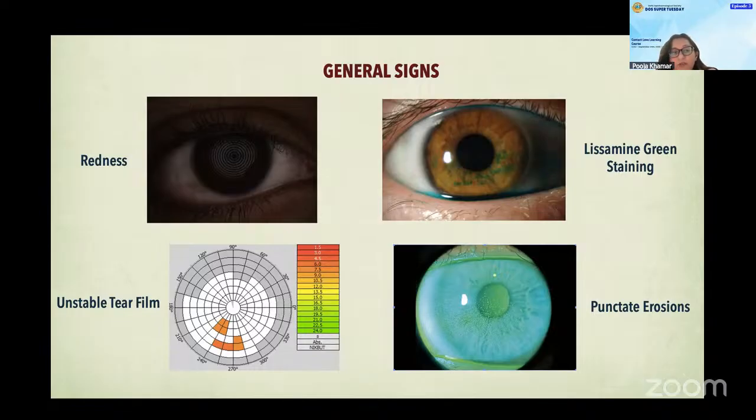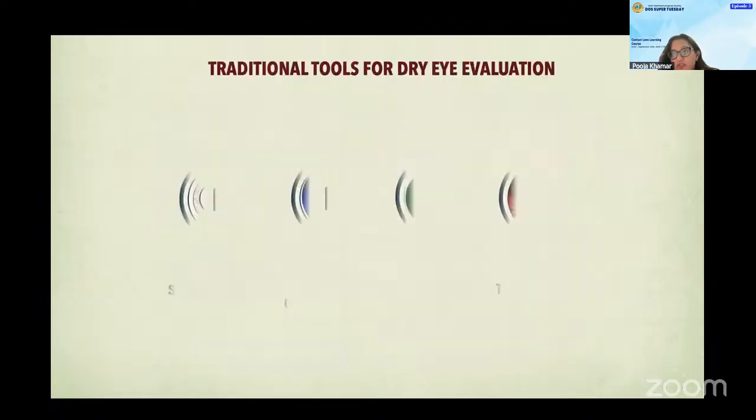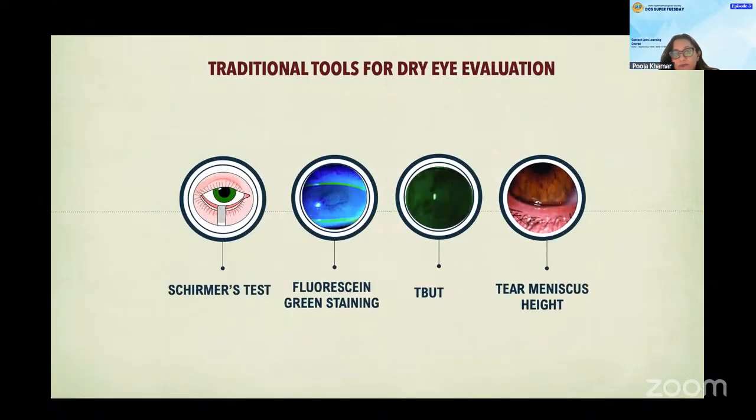Then the tear film breakup time, whether it's a stable tear film or not. This is the first step, which can tell you what direction to go in: evaporative dry eye, aqueous deficient dry eye, or a mixed type of dry eye.